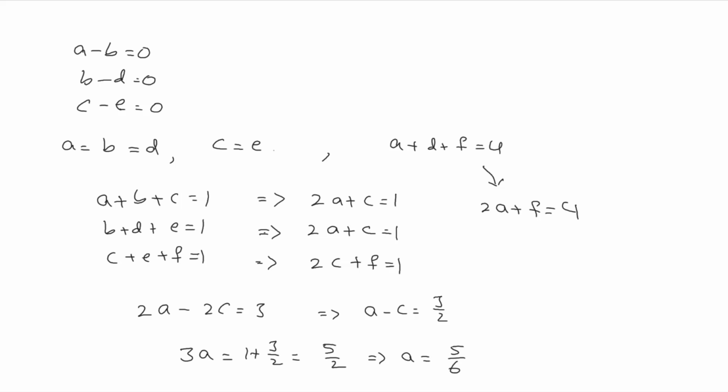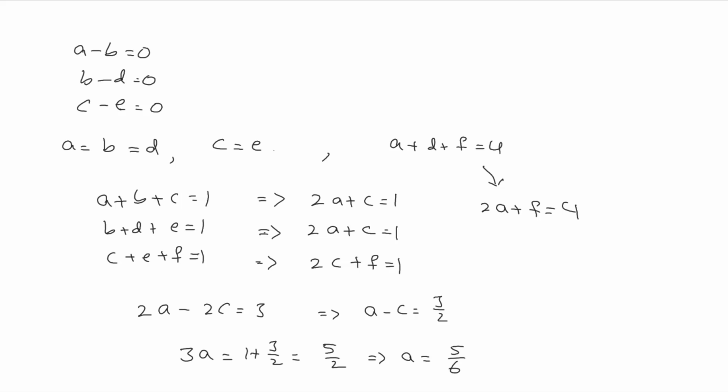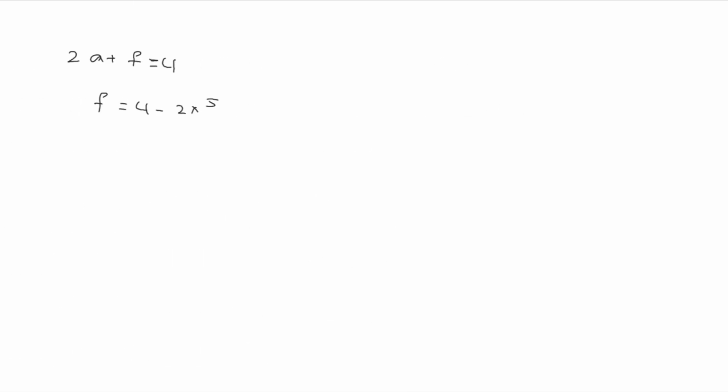So we have the value of A, and by substituting this value in the equation 2A plus F equal to 4, with A as 5 over 6, we get F equal to 4 minus 5 over 3, that is 12 minus 5 over 3, 7 over 3.